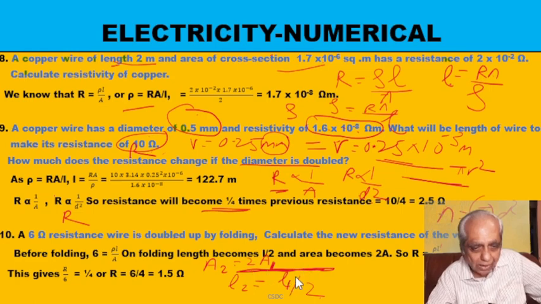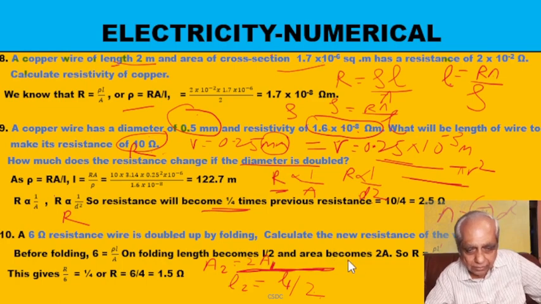Initially I had length L1, area A1. Now my new area is A2, which is 2A1. New length is L2, which is L1 upon 2.